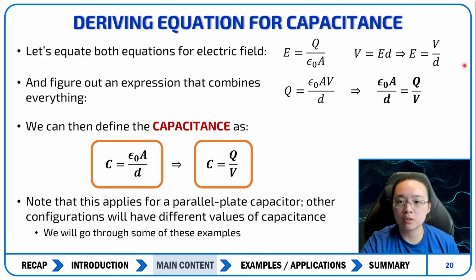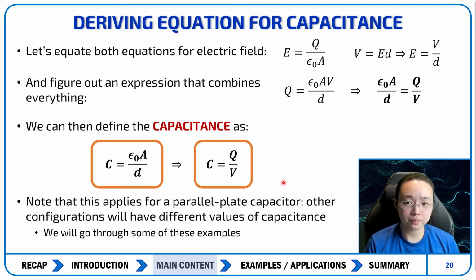So equating the two sides, you have Q over epsilon naught A is equal to V over D. If we want to be able to rearrange this again, we can have Q over V is equal to epsilon naught A over D. So this was simply where I moved the Q over here and I moved epsilon naught A to the right side.